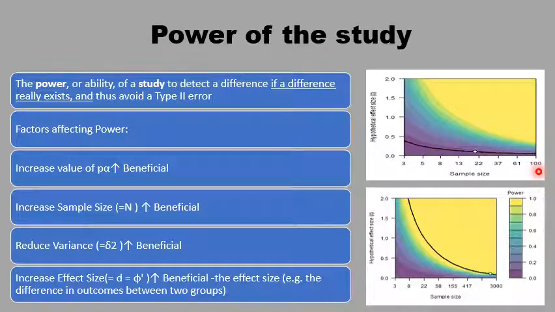Or if the standard deviation and the variance of the results is narrow, the narrower the standard deviation, the higher the effect size. Or if we accept a probability level of, say, 10% rather than 5%, but by doing this, we increase the power, but also increase the chance of falling into the type 1 error. All these will be discussed in the next presentation on the power of the study.